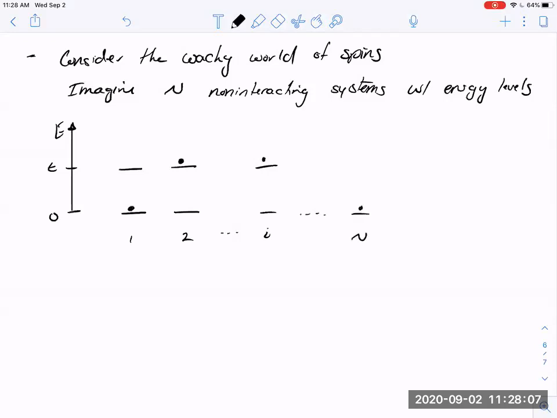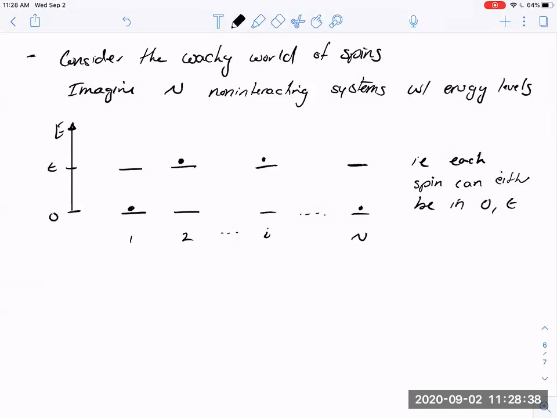Maybe the nth spin in this microstate is in its ground state. Each spin can either be in its ground state or its excited state. There are two possibilities.